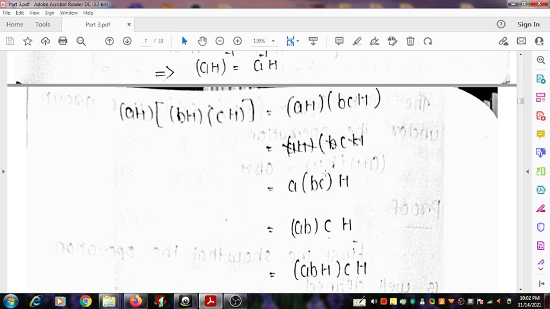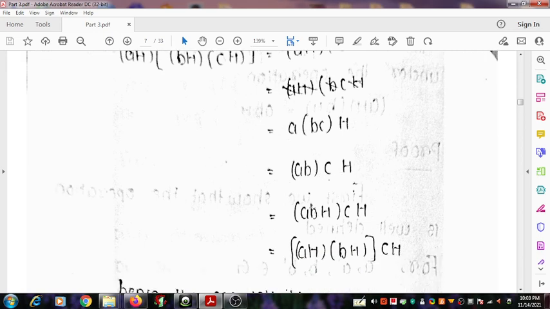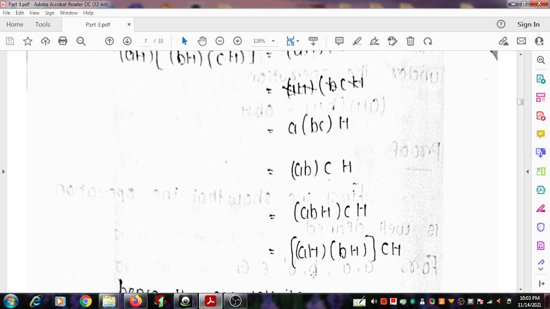Due to the associativity of the operation defined on the group G, we can remove this bracket and fix it in the first position to include A and B. So A and B can be operated together first, and then C is operated to that. Then it is operated to H, and that can now be written as ABCH.